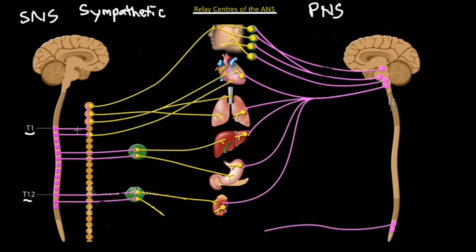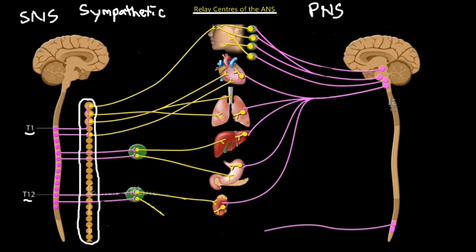And these nerves, these pathways, are going to come out of there, and they're going to synapse at the sympathetic chain of ganglia. So this is called the sympathetic chain of ganglia, which will be located close to the start of the preganglionic fiber.